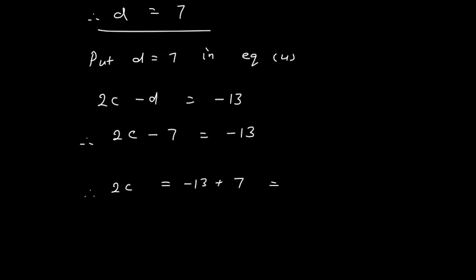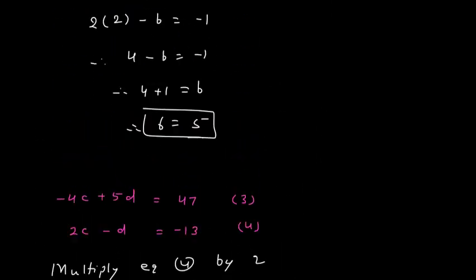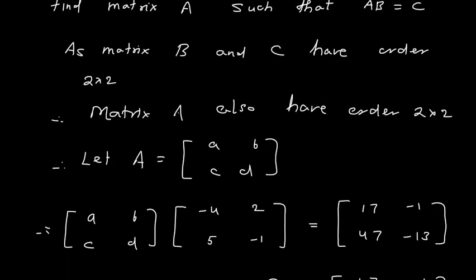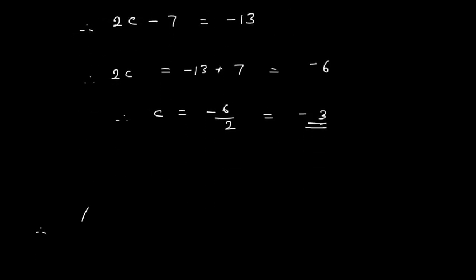Now what we have to find is matrix A, which is [a, b; c, d]. The value of c we got is -3, the value of d we got is 7, b is 5 and a is 2.